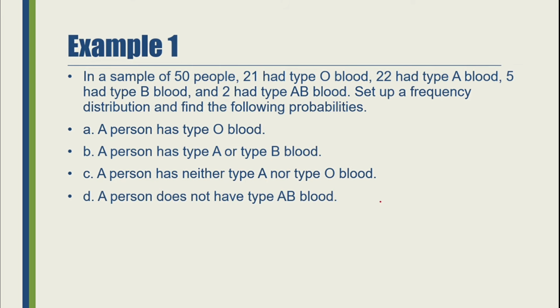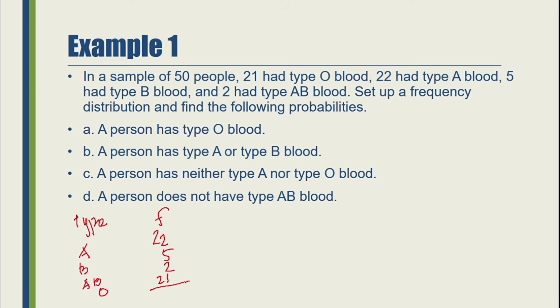So let's have first the type of blood and the frequency. For type A, we have 22. For type B, we have 5. AB is 2. And we have O is 21.